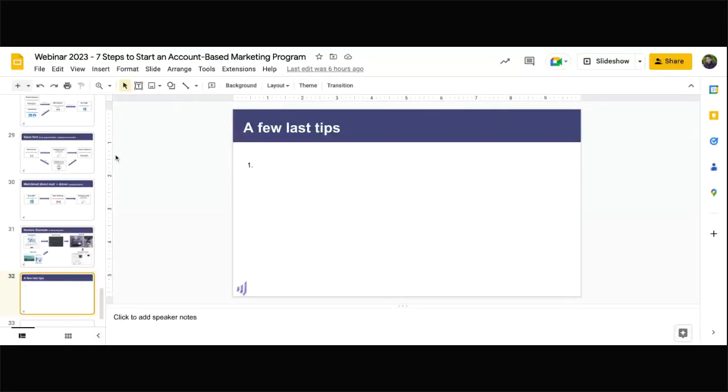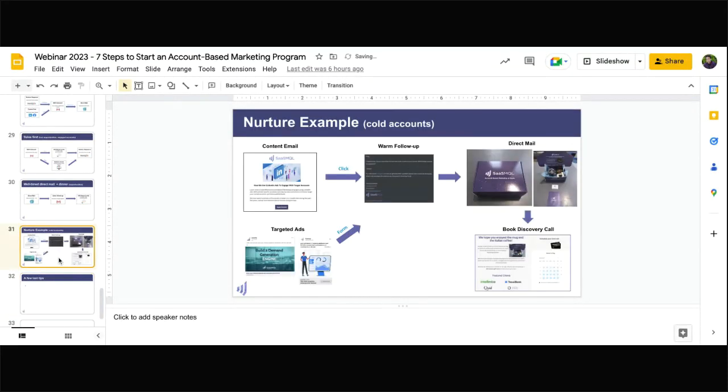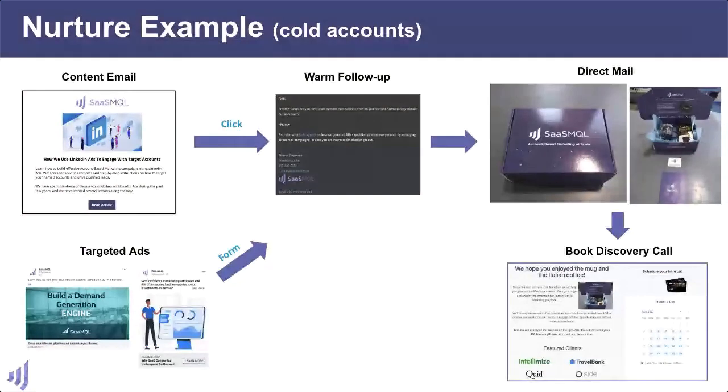And actually, I forgot to add the last tips, but I want to add them now. The first tip is: don't start this without having a meeting with sales. Like I said at the beginning, what I see going wrong is when there is a disconnect with sales. Sales is targeting different accounts than those targeted by marketing.